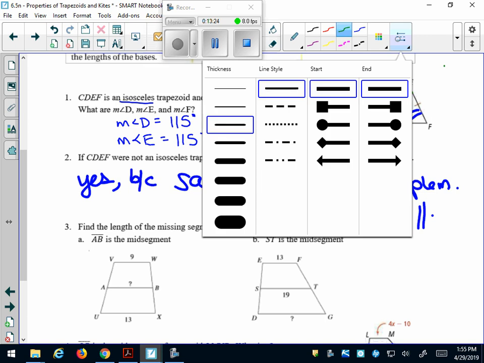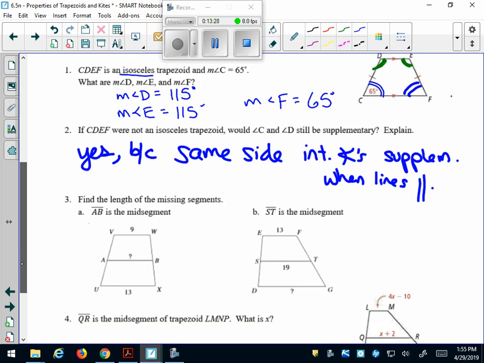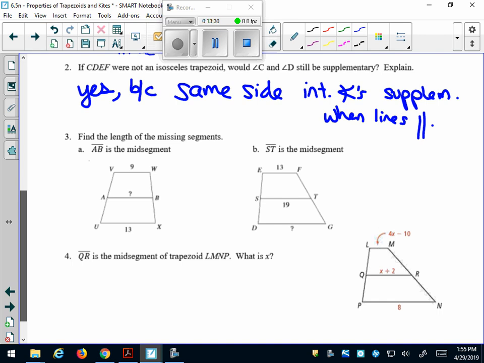Okay, so let's find some mid-segments here. Find the length of the missing segment. So they have a question mark there. I'm just going to call it X. So again, you can do the average of the 2 bases, 9 plus 13, and divide by 2.